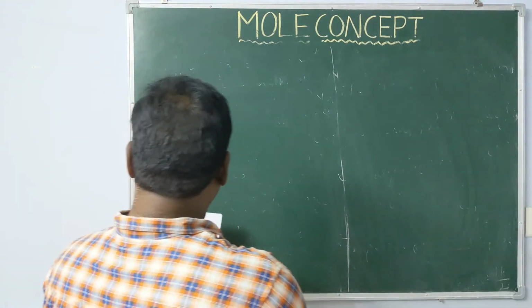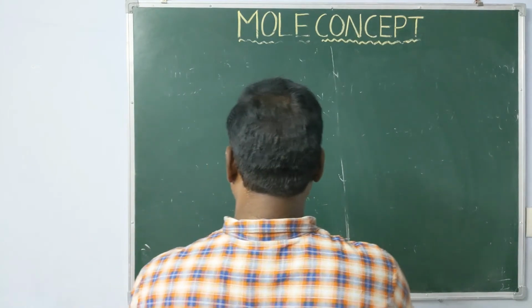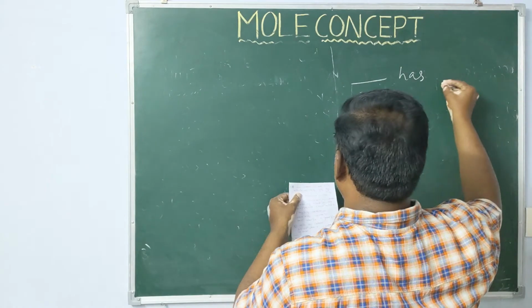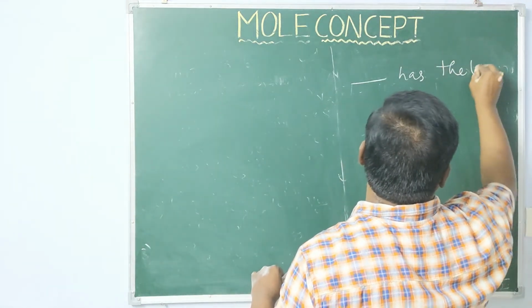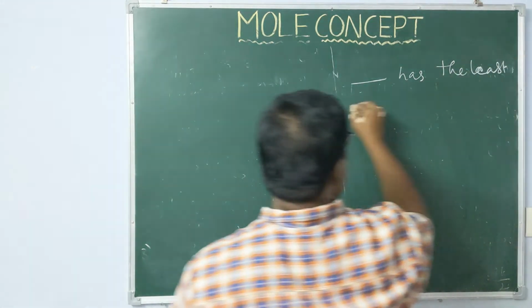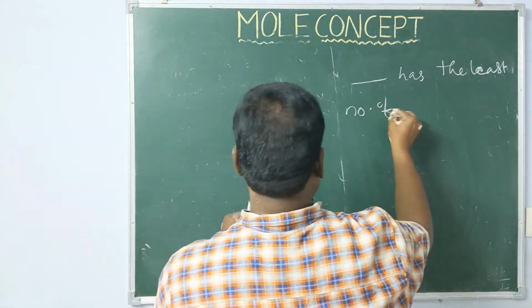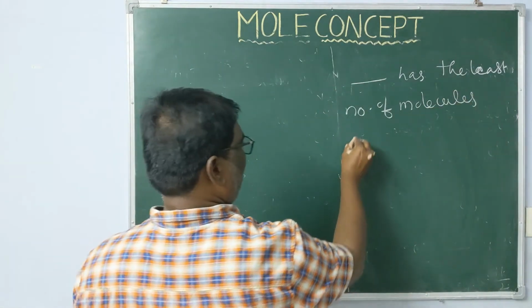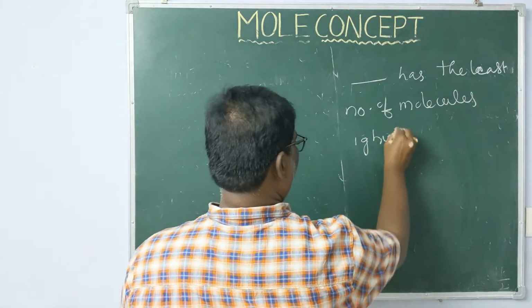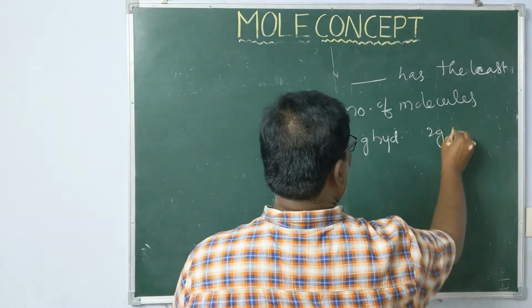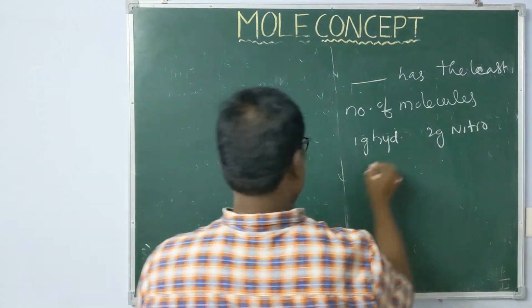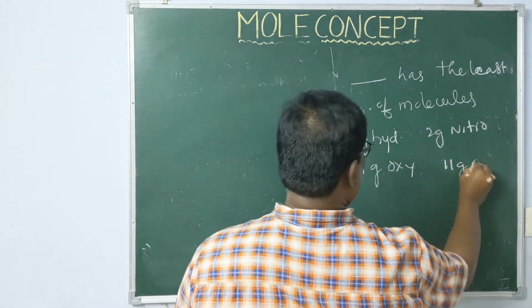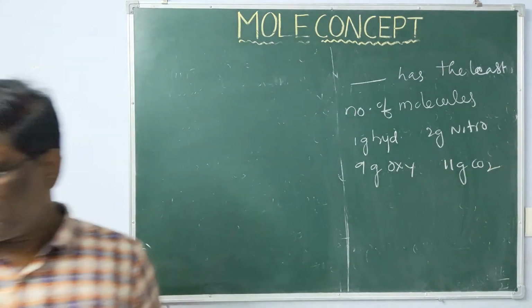The next one is: dash has the least number of molecules. 1 gram hydrogen, 2 grams nitrogen, 9 grams oxygen, 11 grams of carbon dioxide.